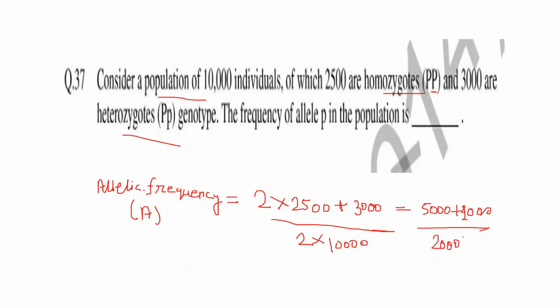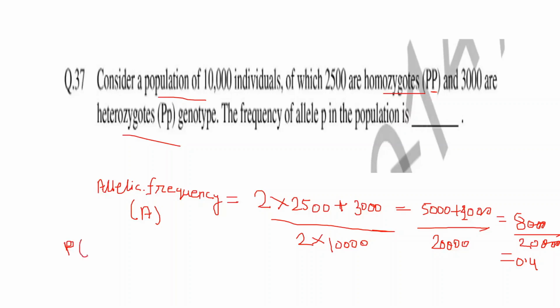Then it will come 8,000 divided by 20,000. The zeros cancel out, and it will give you 0.4. So capital A, or p, equals 0.4.